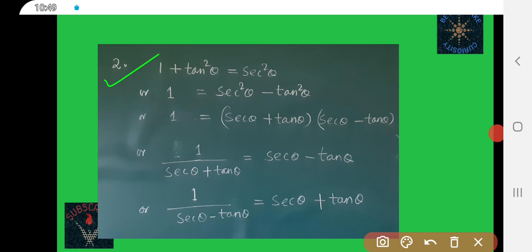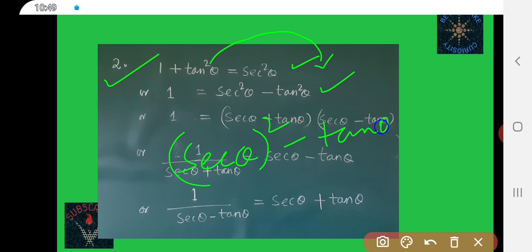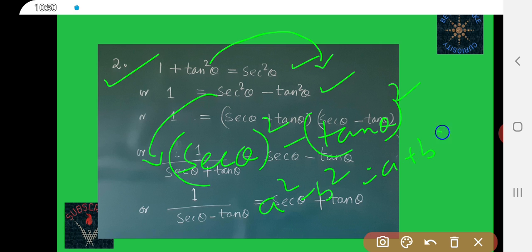Here, second, 1 plus tan square theta is equal to sec square theta. You can take tan square theta to the right side, then sec square theta minus tan square theta. Here you write sec theta square minus tan theta square, and you can use a square minus b square equal to a plus b into a minus b.